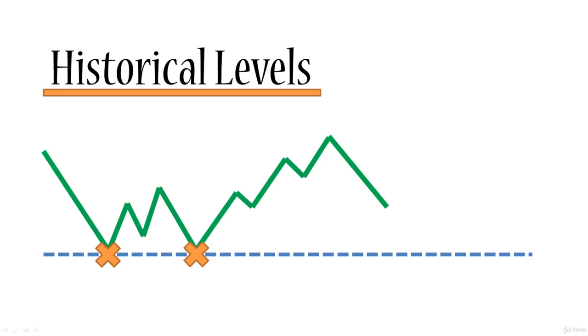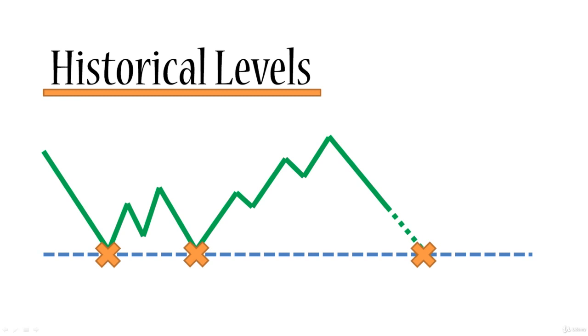So what can we anticipate from the price's future movement? Well, we can anticipate that if the price does go towards this support line, then something will probably happen over there. That's how you establish support and resistance levels, the historical type.